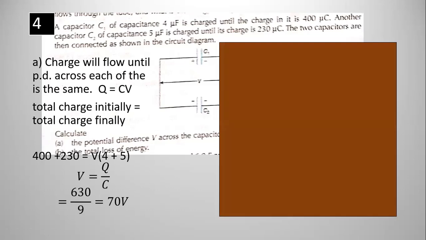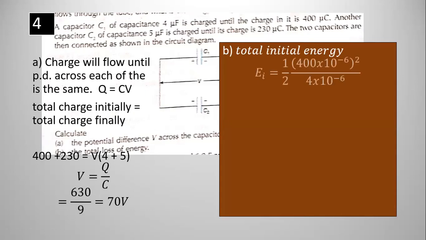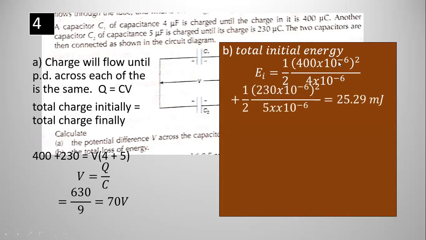Then I need to calculate my initial energy. Total energy initially, I'm using Q squared over 2C, because you are given Q and C. That's your Q. When you calculate the energy, you have to convert.